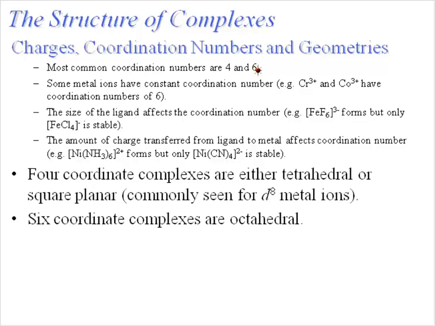If the coordination number is 4, then the geometry is either tetrahedral or square planar. Normally you see this case with d8 metal ions. And if CN is 6, then it is octahedral geometry.